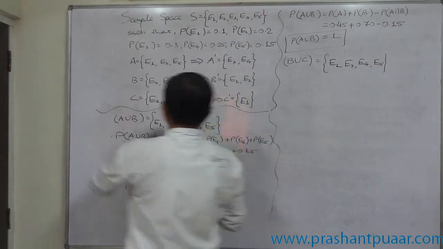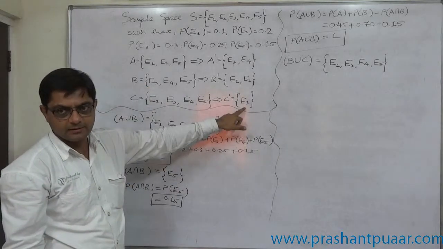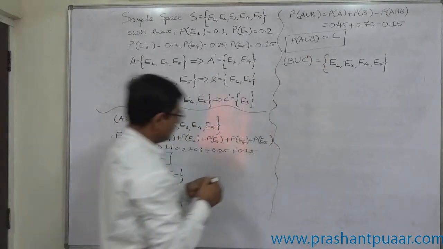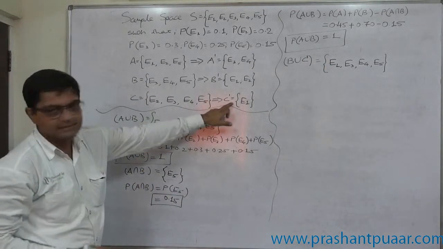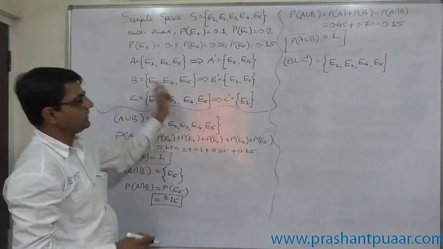E2 is not there because E2 is neither in B nor in C complement. B union C complement: E1, E3, E4, E5. There is no E2.